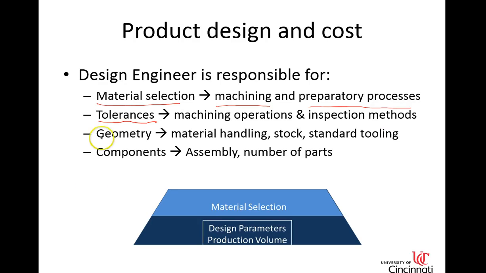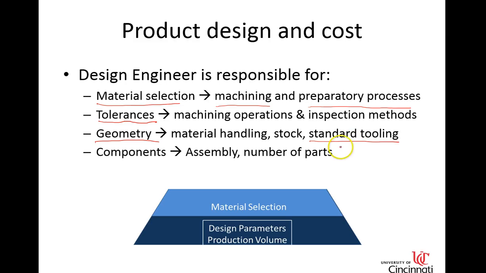Another one is geometry. So things like radiuses, fillets, hole sizes, making things that are non-standard sizes. If you go to Home Depot and look at drills, they come in a range of sizes. A set of drills is going to have a very predictable range of sizes. So if you pick something that's slightly in between two sizes of drills, in other words, a non-standard size hole, you're going to have to move away from standard size tooling.